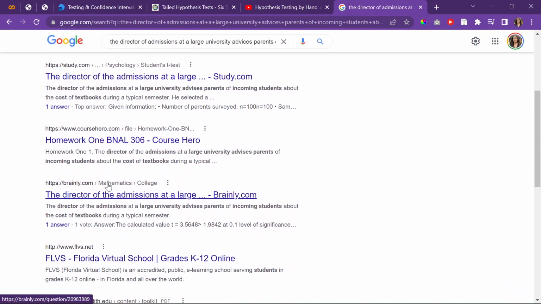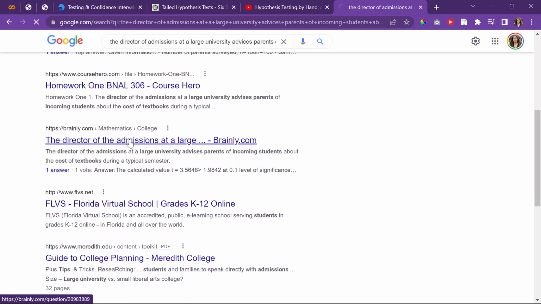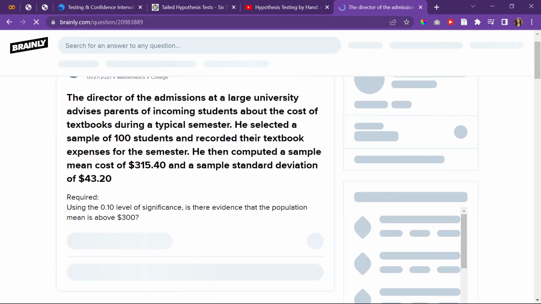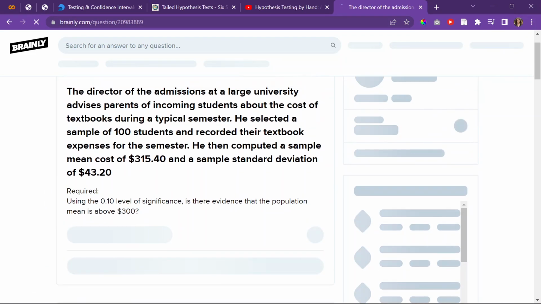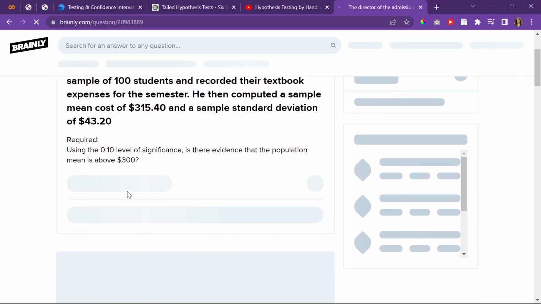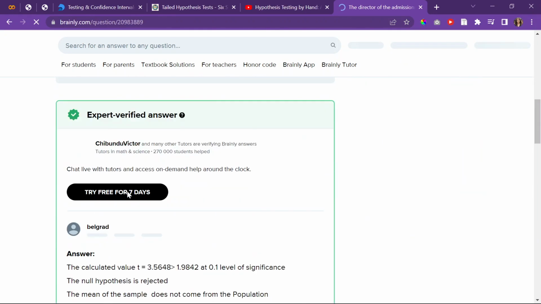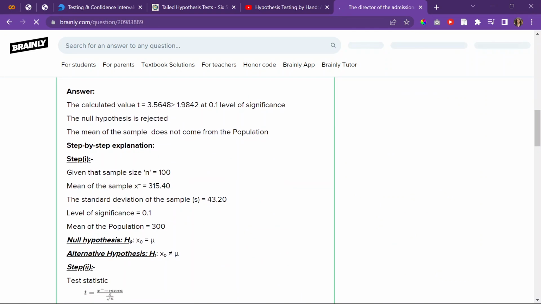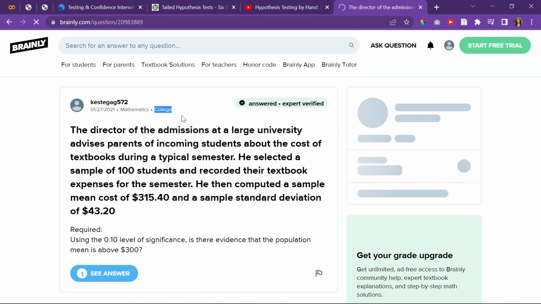No, yes. Okay. T is greater than 1 point.